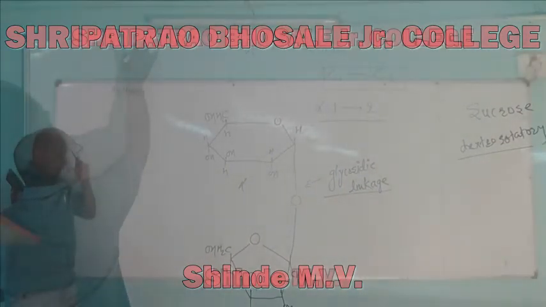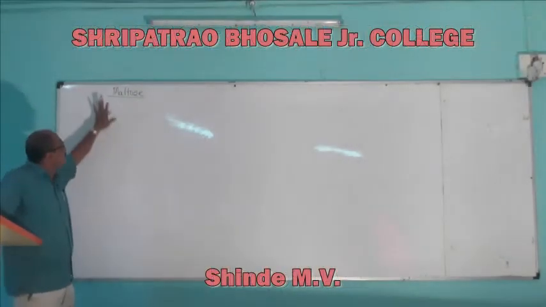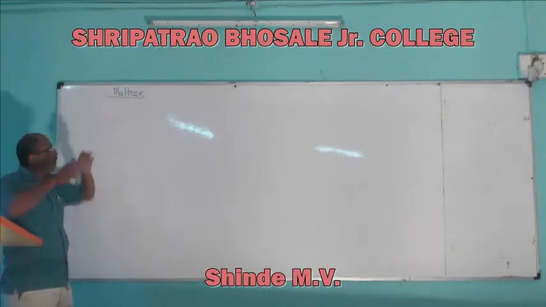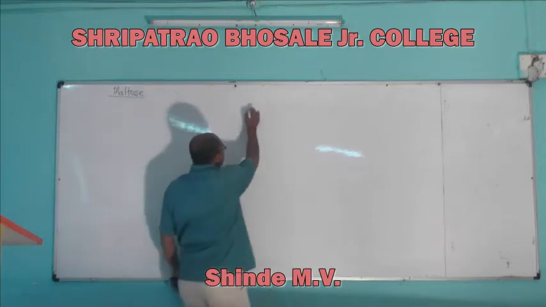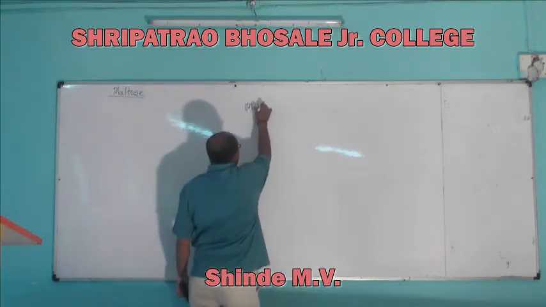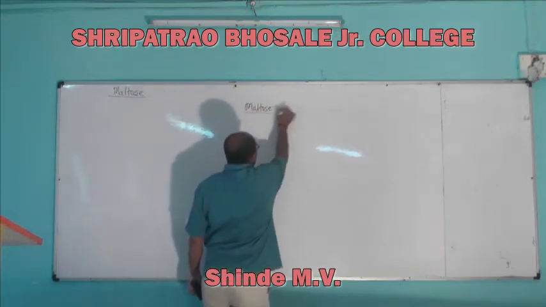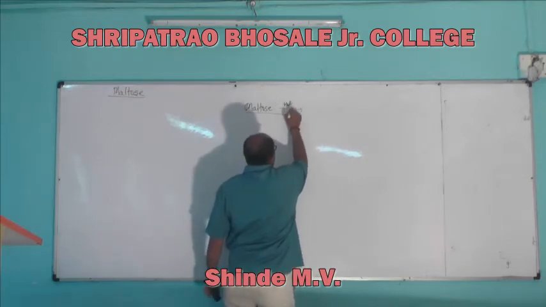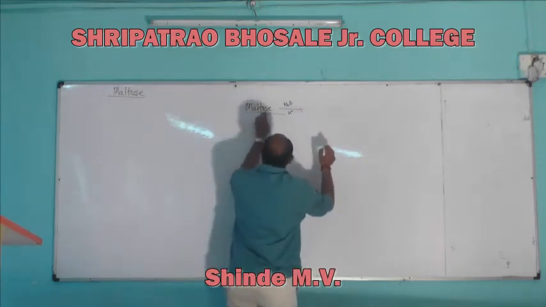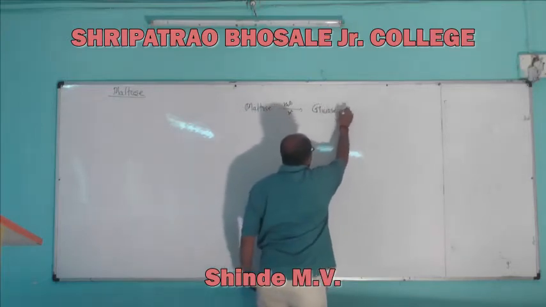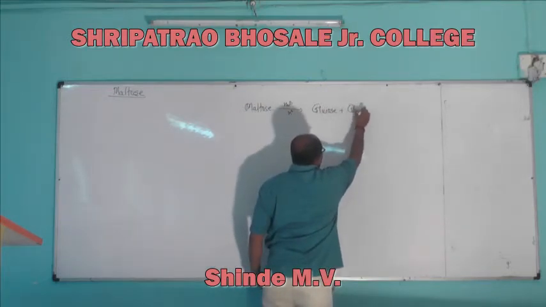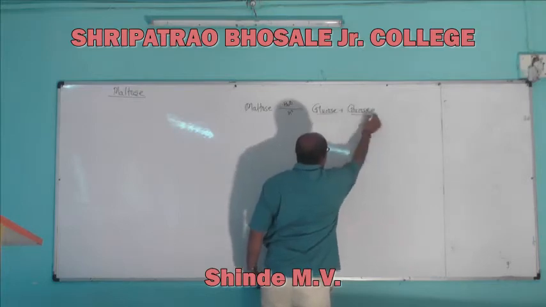So the next disaccharide is maltose. Maltose, on hydrolysis, gives two molecules of glucose.